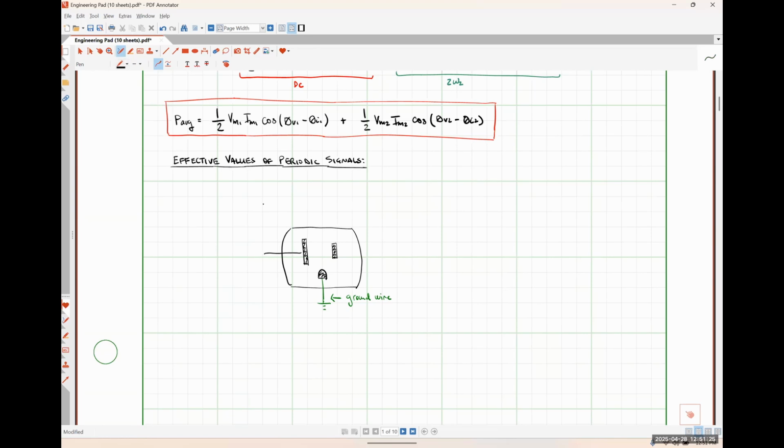This guy right here corresponds to our neutral wire. And this guy over here corresponds to our hot wire in a single phase AC system, like most homes, commercial residences, and all that kind of stuff.